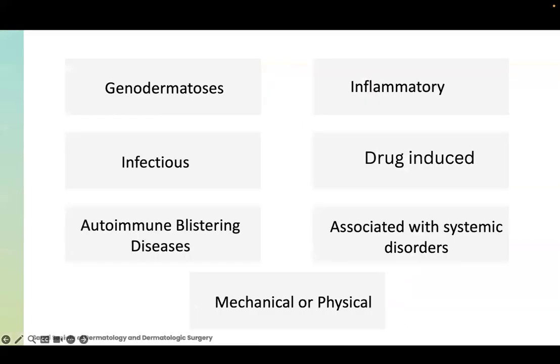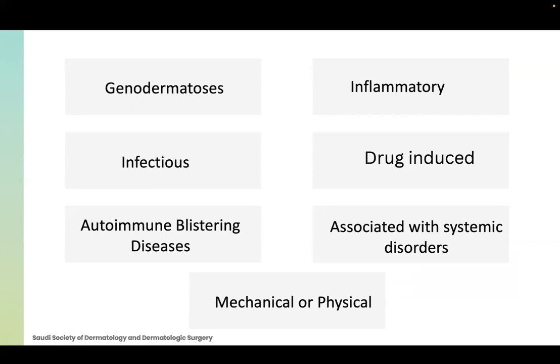So these are general causes for blistering disorders. When we say blistering disorders, it doesn't mean one entity. Genodermatosis, some genetic diseases, can present with blistering. Some infectious diseases present with blistering or have variants that present as blistering.